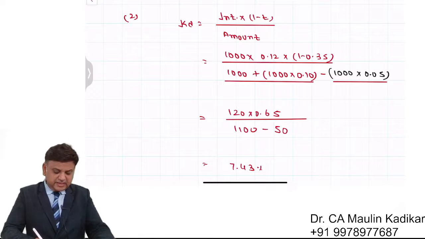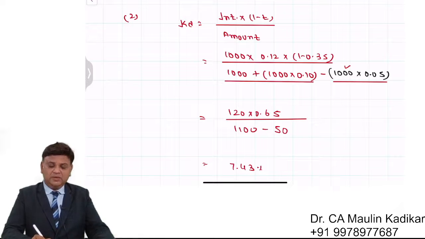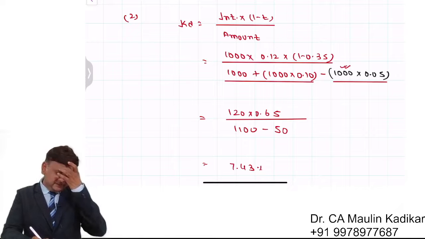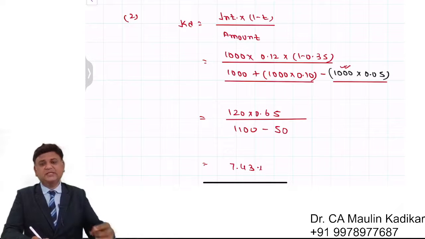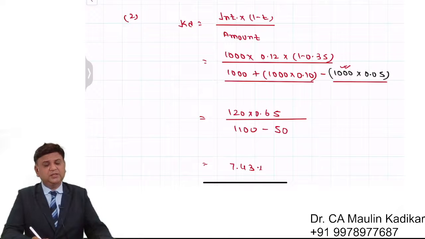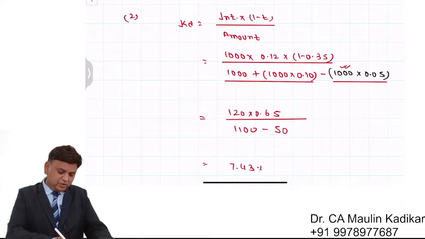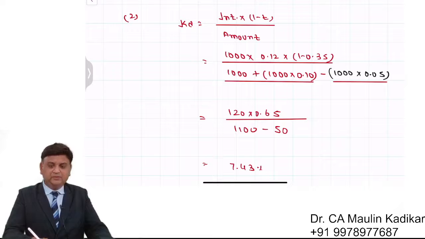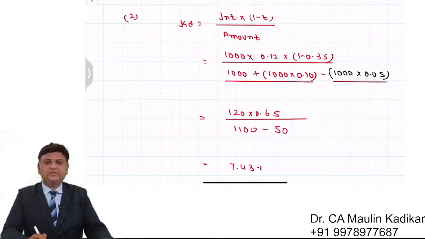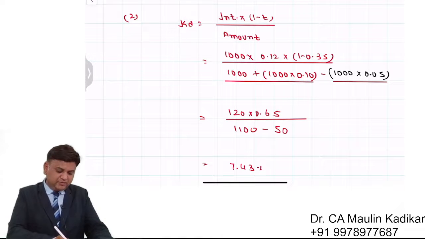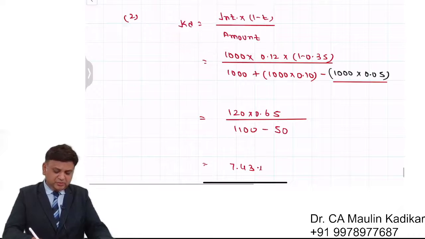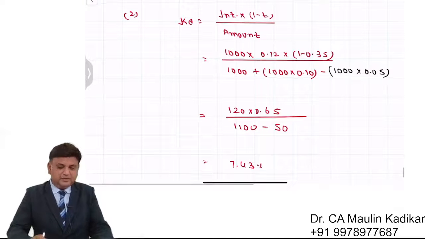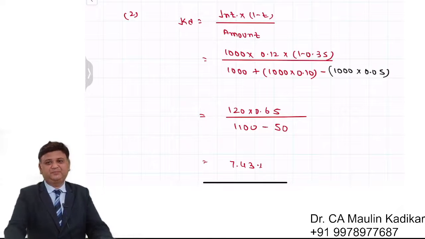Number of times it is calculated on the face value, and number of times it is calculated on the issue price, that is 1100. Most of the answers have the suggested answer in which it is on the face value, so accordingly I take face value, unless it has been given that the flotation cost is required to be calculated on the issue price. Please write down answer. Thank you.